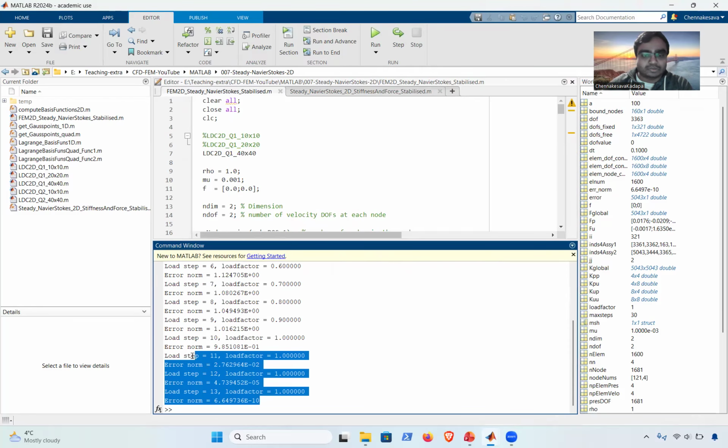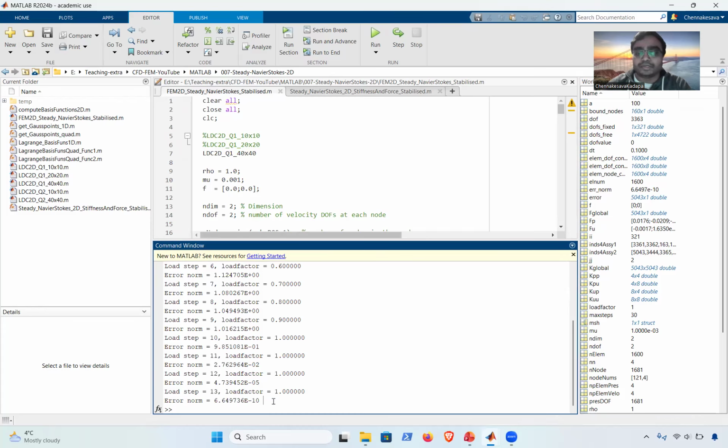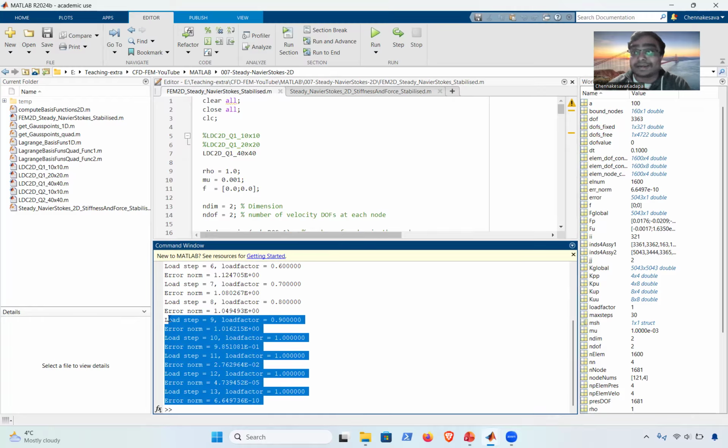Again we see almost the same convergence behavior within 4 load steps. The error norm is reduced by 9 orders of magnitude, from 10 power minus 1 to 10 power minus 10. Again, this is a substantial improvement. Instead of using 1000 or maybe 10,000 load steps, we can solve this within about 13 load steps.